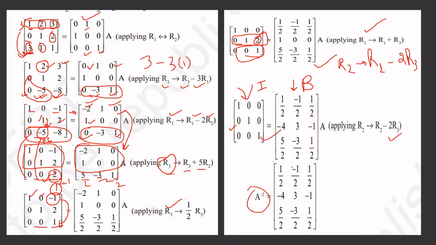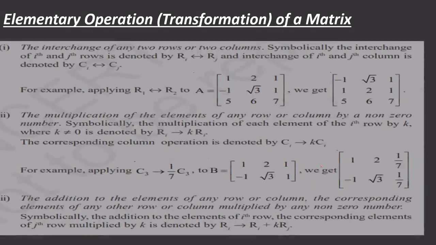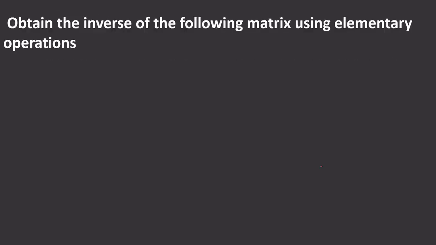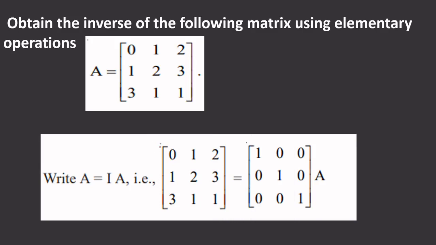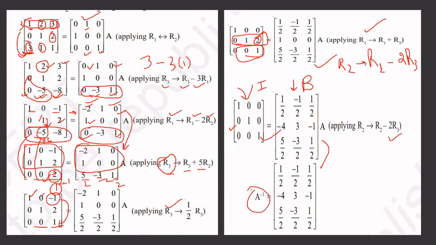We started with the identity matrix and this matrix. Now we have to convert this matrix into identity, and the changes here are the answer to our question. So this is our A inverse.